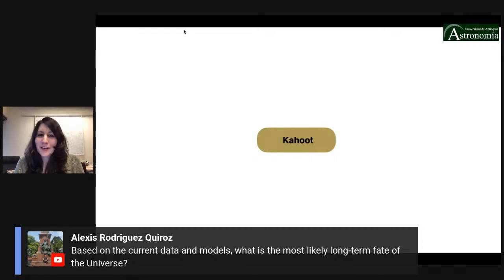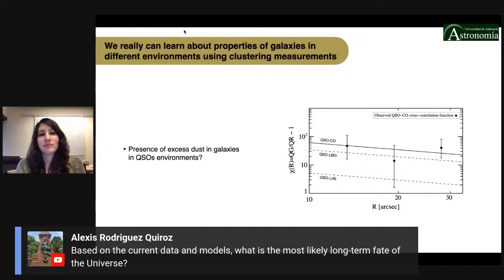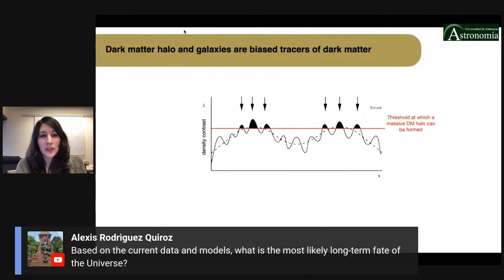That is actually very hard to answer. One thing that I can say is that in the long term, dark matter halos and galaxies will trace the dark matter distribution much better. That is something that we can already say about the future.